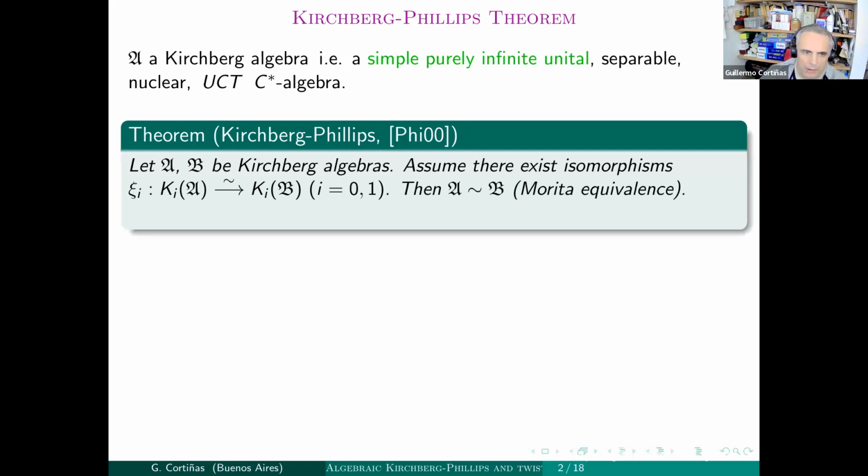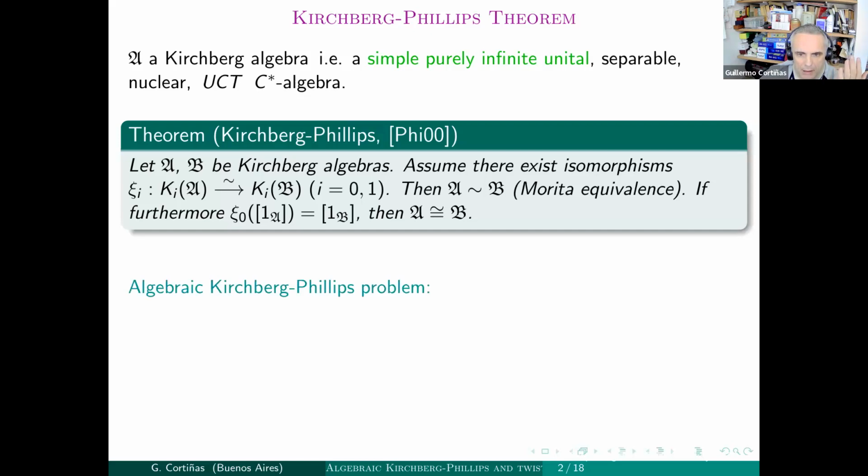And if, moreover, the isomorphism at the K0 level carries the class of 1, regarded as an idempotent matrix, to the class of 1, then you actually have an isomorphism between the algebras. The algebraic Kirchberg-Phillips problem consists in proving an analog of this in the purely algebraic setting.